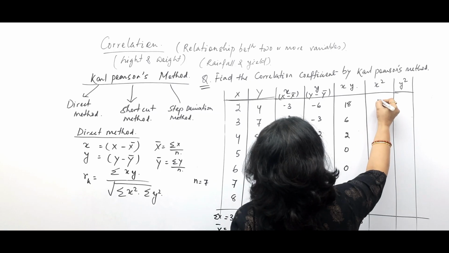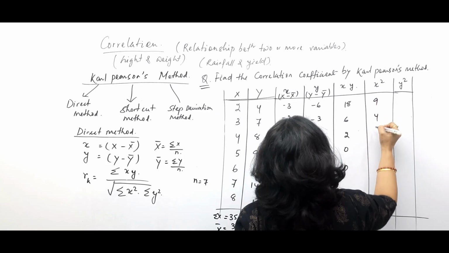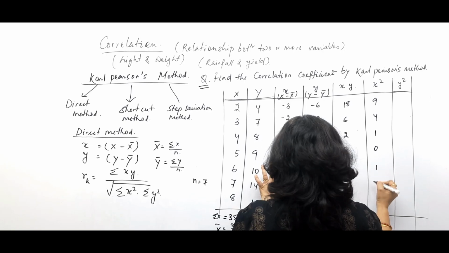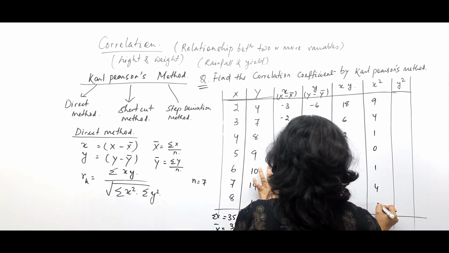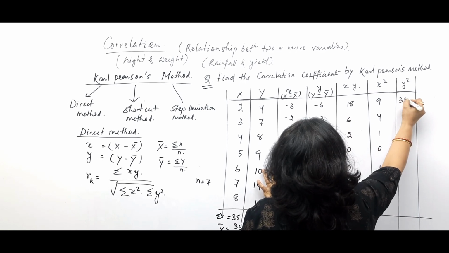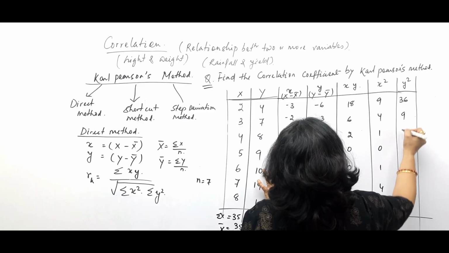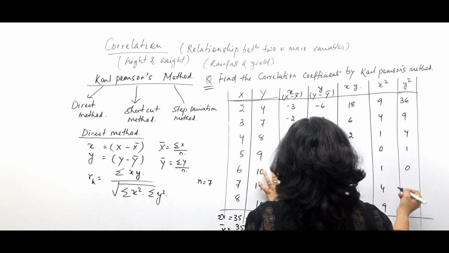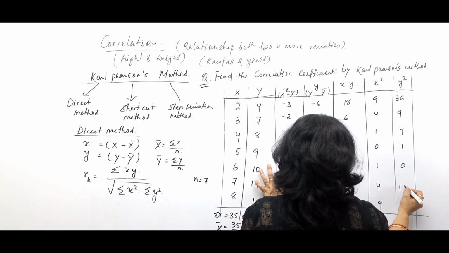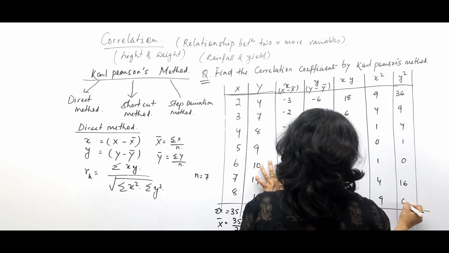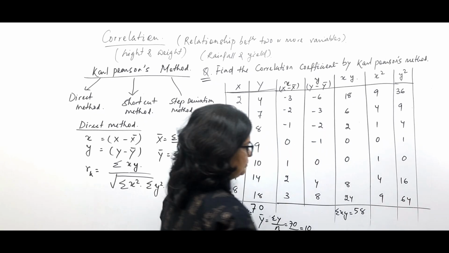X square: 9, 4, 1, 0, 1, 4, 9. Y square: 36, 9, 4, 1, 0, 16, 64.